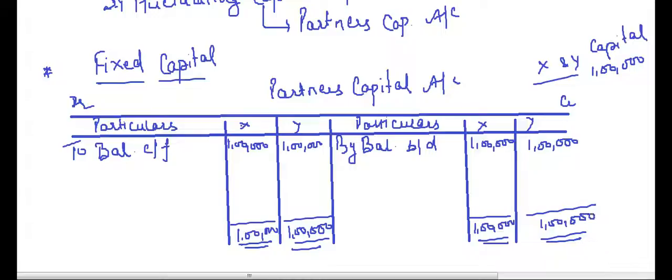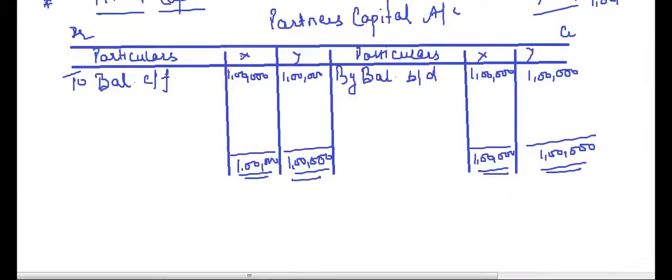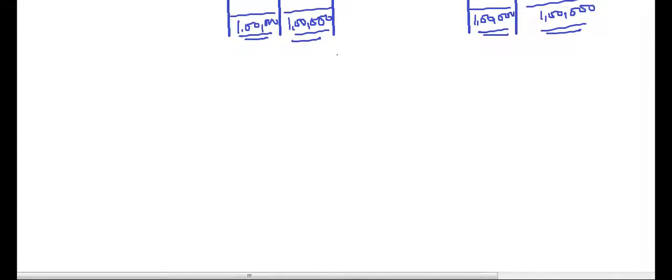If it is 1 lakh, it will remain 1 lakh only. We can't change it. Now we will prepare one more account that we will name as the partner's current account.